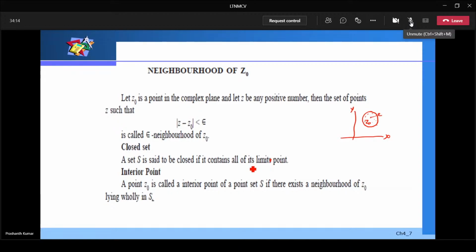Okay, interior point. A point z0 is called an interior point of a point set S if there exists a neighborhood of z0 lying wholly in S. Okay, అంటే ఇది S అని అనుకుంటే ఇన్సైడ్ ఉండేటి అన్ని కూడా ఇంటీరియర్ పాయింట్స్ అవుతాయి అని చెప్పండి.